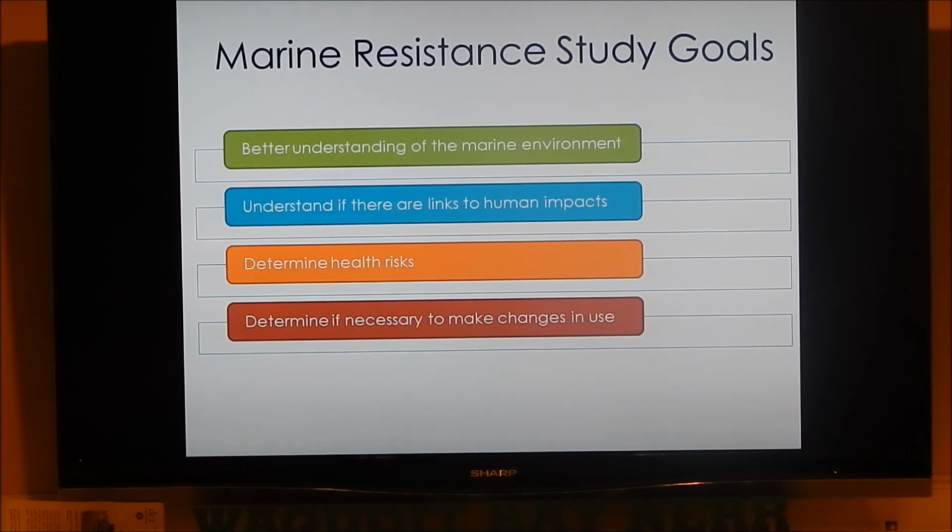So we're coming up with a better understanding of the marine environment and what we expect in terms of resistance out there. We also are looking at if there are links to human impacts, and that's why we want to quantify the human impacts at each of these sites. Hopefully that will allow us to determine if there are health risks, and if there are health risks related to this, if it's necessary to make changes in how we use antibiotics.